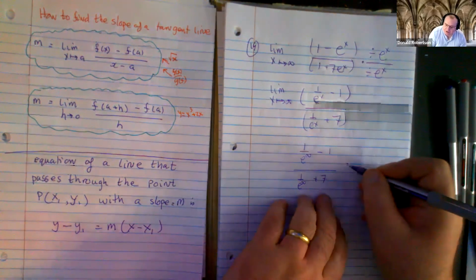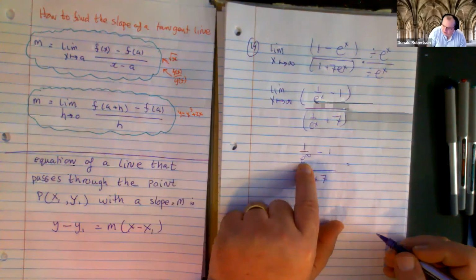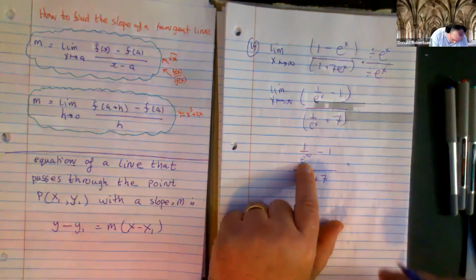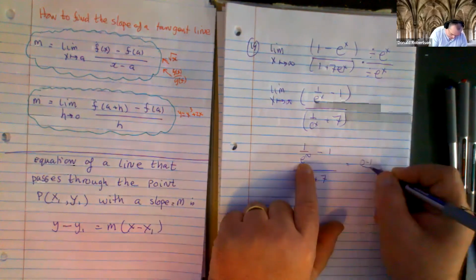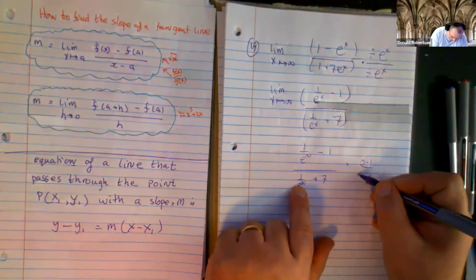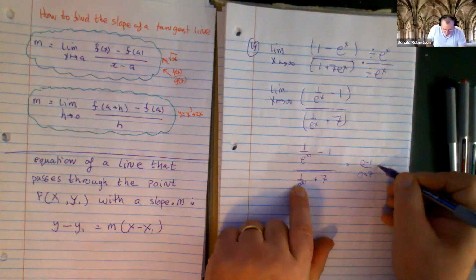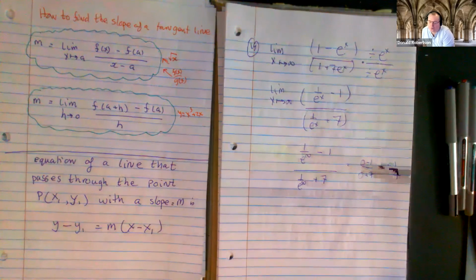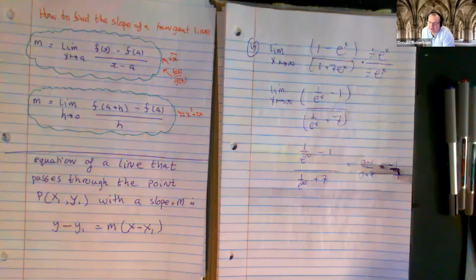E to the infinity is infinity, right? And 1 over infinity gets me 0. And 0 plus 7, and hey, bingo, there we go. You see, I've got a formal way of proving that the answer is -1/7, rather than just saying I can tell looking that it's going to be -1/7.